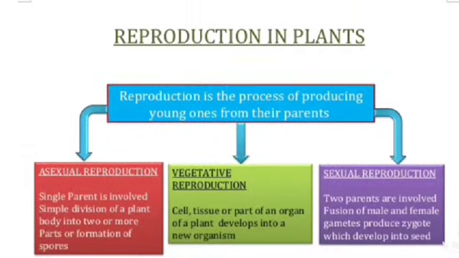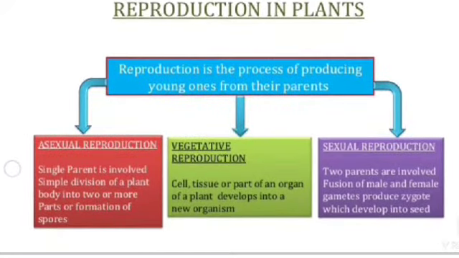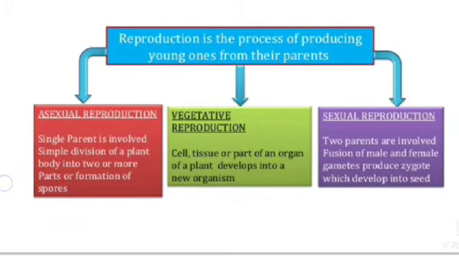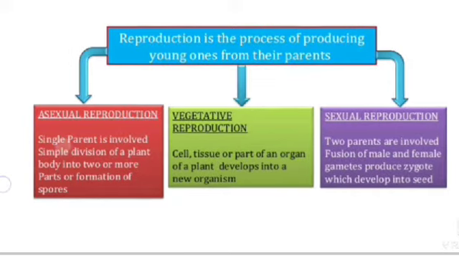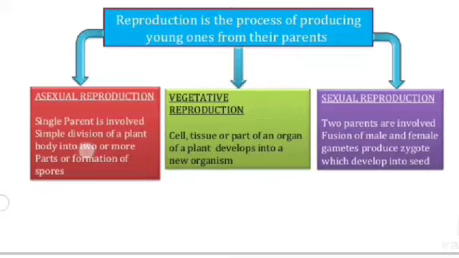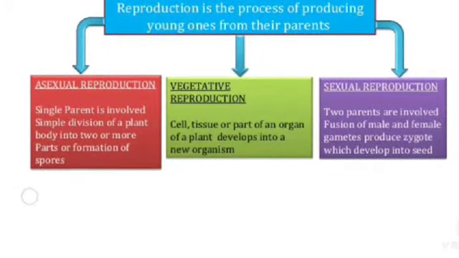Reproduction is the process of producing young ones from their parents. Reproduction is divided into three groups. Asexual reproduction: a single parent is involved, with simple division of a plant body into two or more parts or formation of spores.